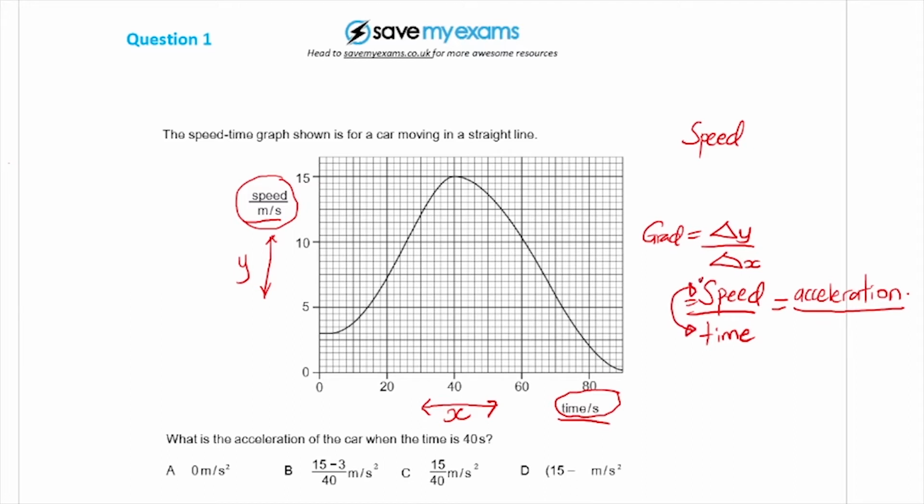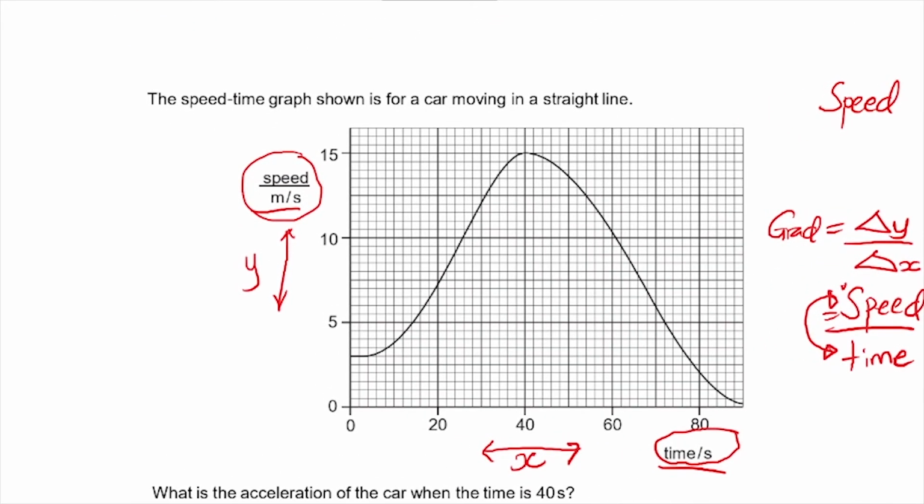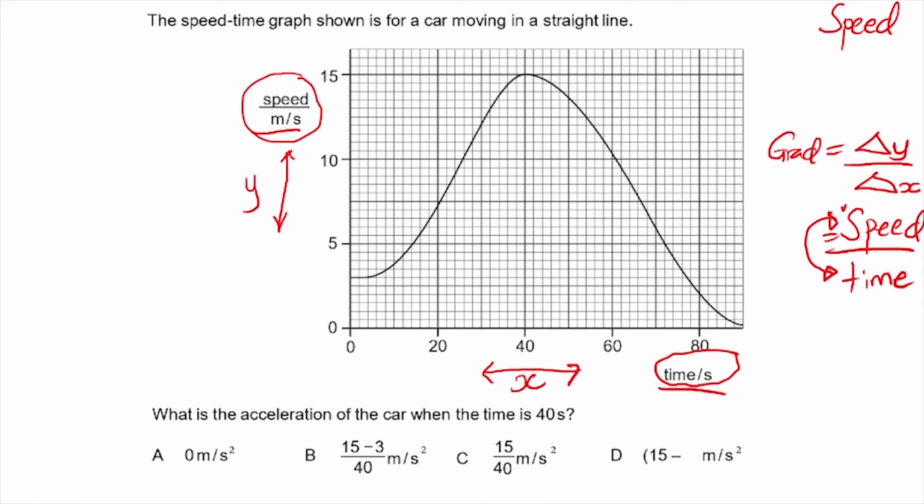Velocity and speed are similar things, only that speed is a scalar quantity, velocity is a vector quantity. So it means that the gradient of this curve is what is going to give us the value of acceleration. If they're asking what is the acceleration of the car when the time is 40 seconds, we go to 40 seconds, which is right there, and we look at the point on the graph, and we realize that at this point the curve is flat.